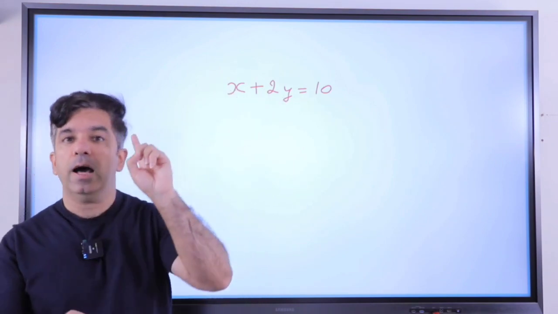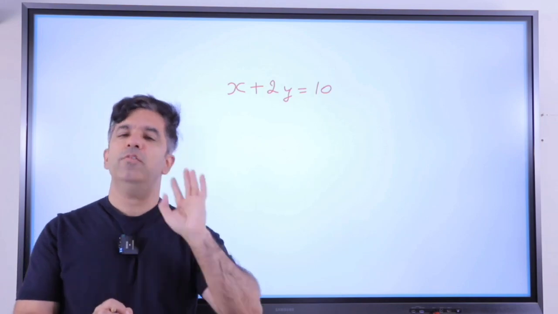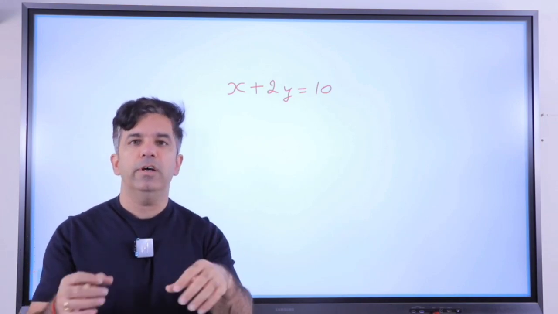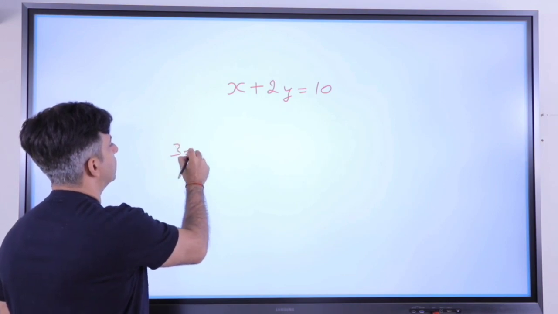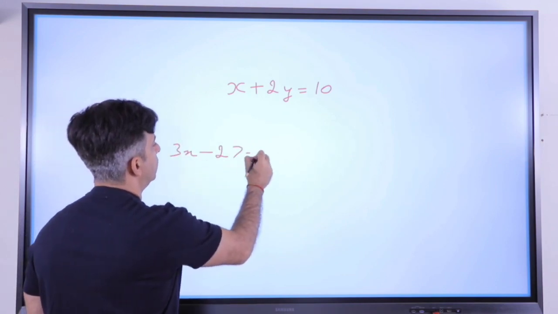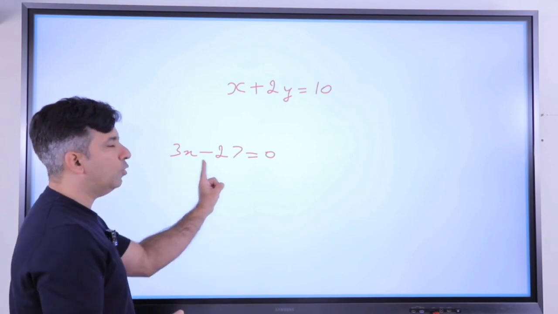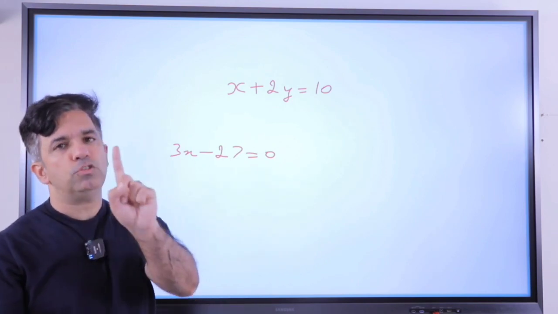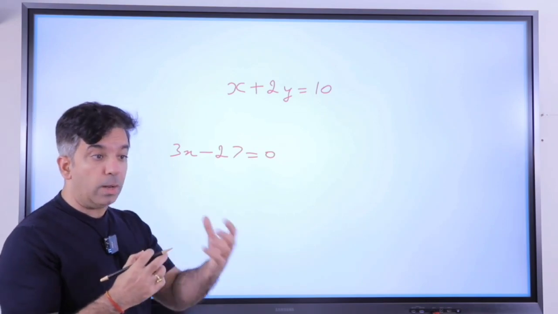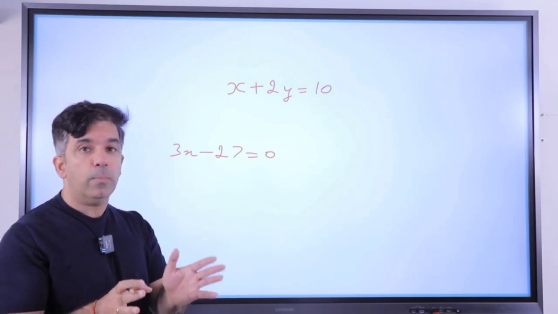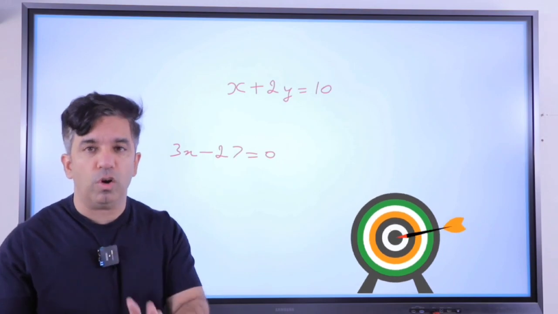If there is a linear equation with just one variable, for example, let's say 3x equals 27, this is also a linear equation but with just one variable. The more variables there are, the more equations are required to solve it.